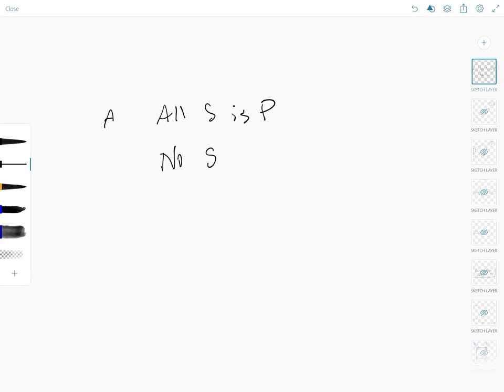We change the quality, keep the subject term, keep the copulative verb, and use the complement of the predicate term. So notice what we've changed is from A to E. In other words, there is no crossing the boundary between a universal and a particular. What does crossing the boundary mean?